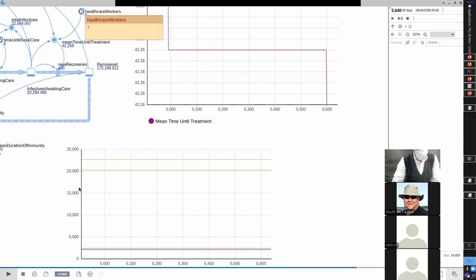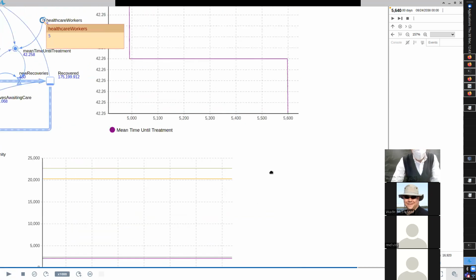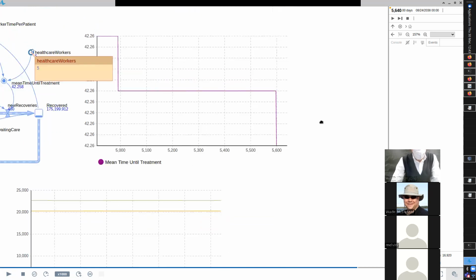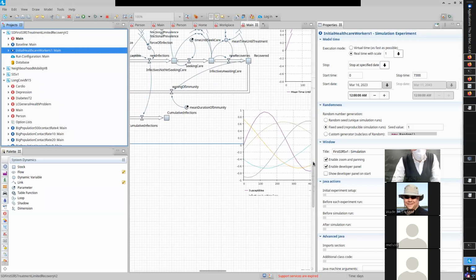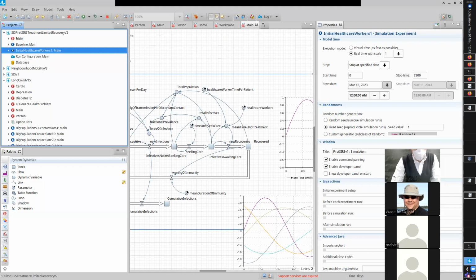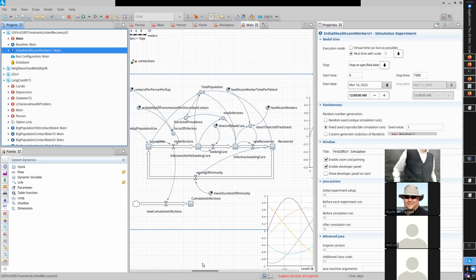It lowers it down to about 20,000. Okay, so here, having those healthcare workers in place allowed you to achieve a very, very high increase in how quickly people are treated.